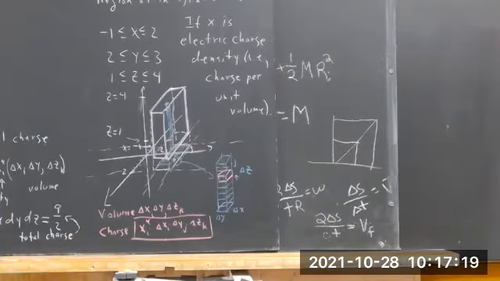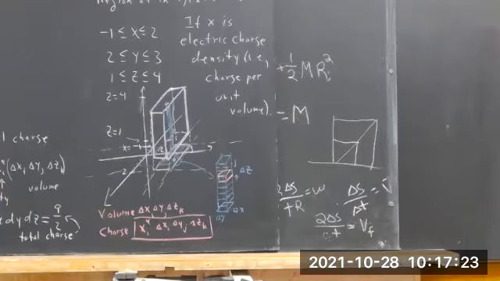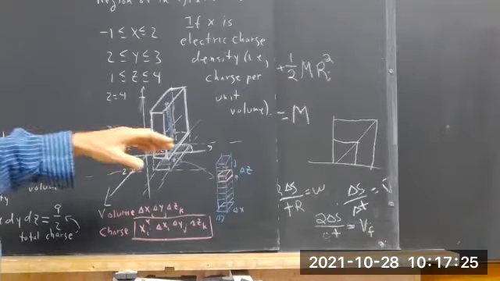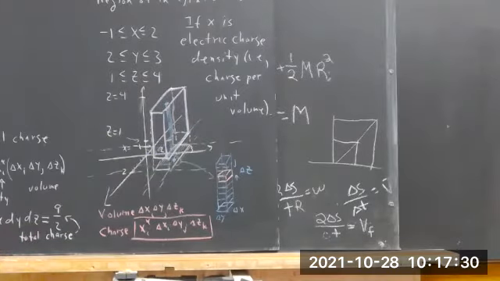We multiply density by volume, we get how much stuff we got. And if that density is changing, then we have to use an integral. Okay, well, there's your total charge.